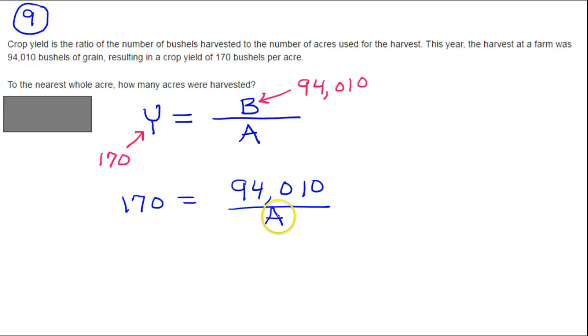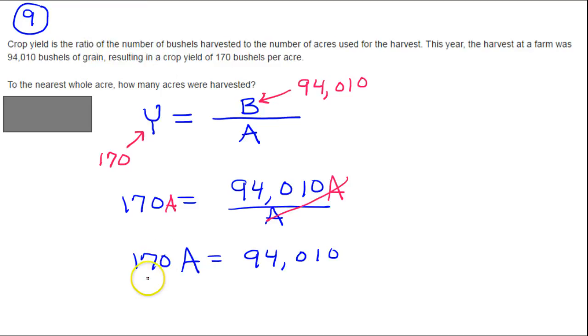In general, what you want to do is multiply by whatever is in the denominator. So if I multiply both sides by A, then these A's cancel out. That would give me 170A is equal to 94,010. Then to get A by itself, I divide by 170 on both sides.